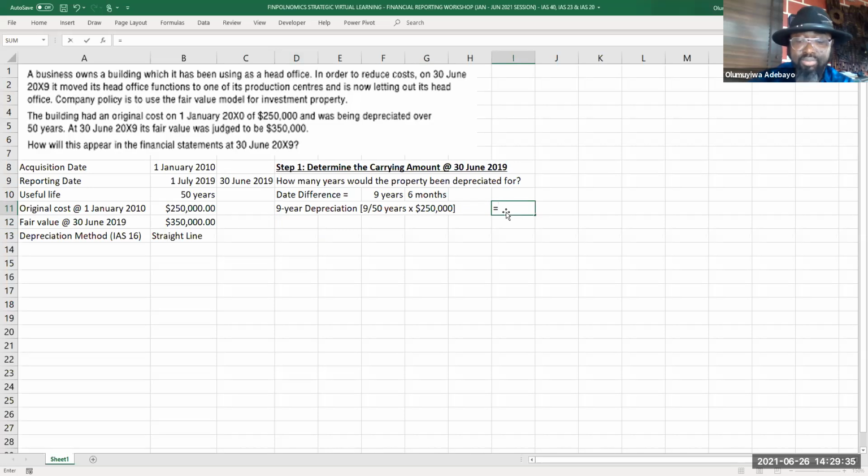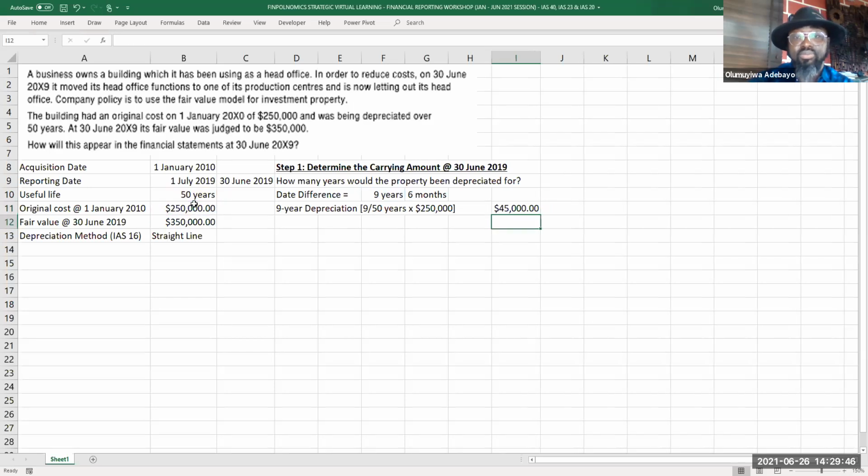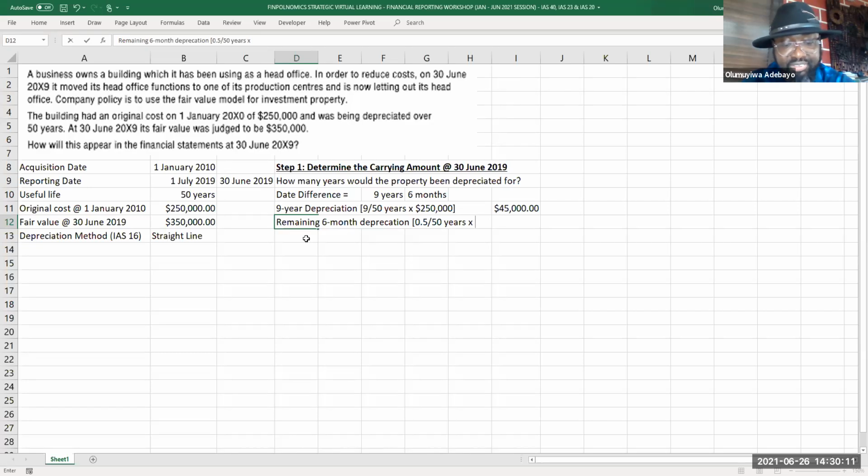That is 9 divided by 50 years multiplied by the cost, and that'll give me 45. Now, the remaining 6 months' depreciation will be 6 months, which is 0.5, divided by 50 years, multiplied by 250.